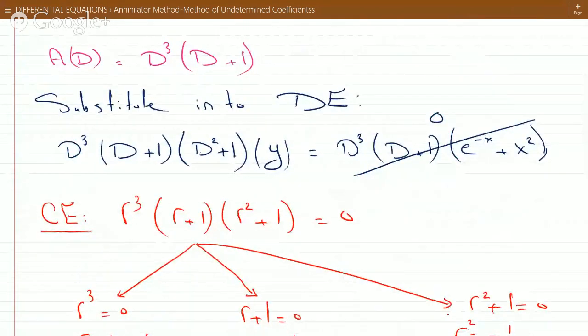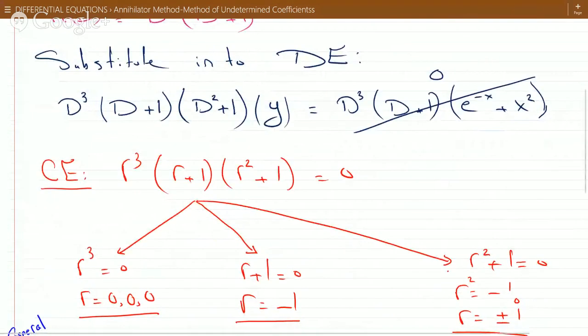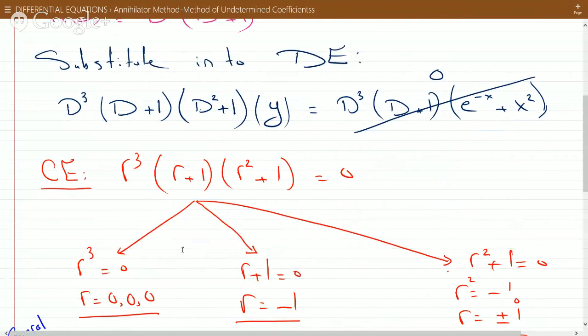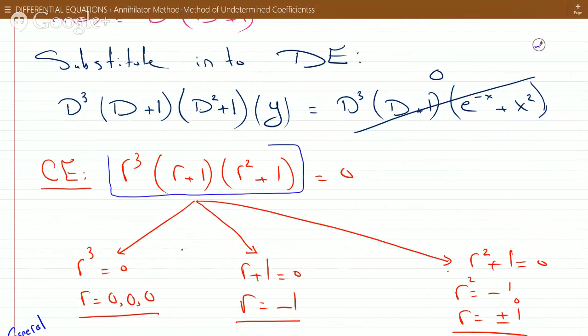You are guaranteed to transform it into a homogeneous differential equation, because the annihilator annihilates your non-homogeneous term, and you get 0. You find the characteristic equation of that new homogeneous equation. You don't FOIL. You need to keep it factored so you can solve for the roots.